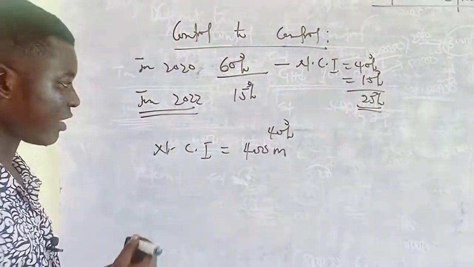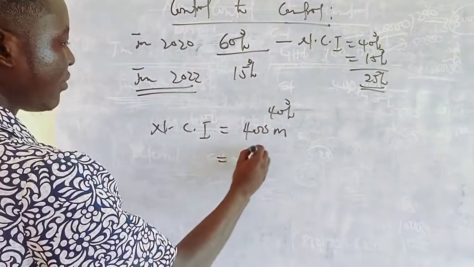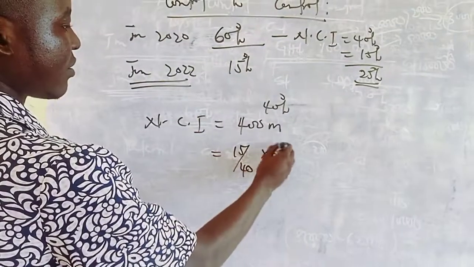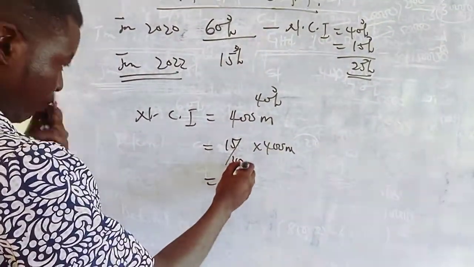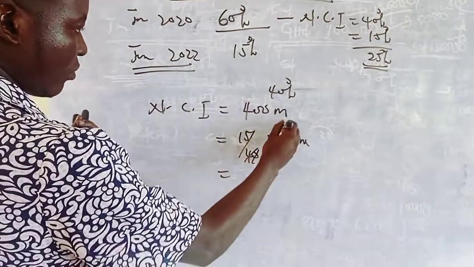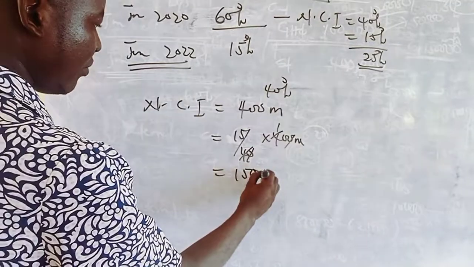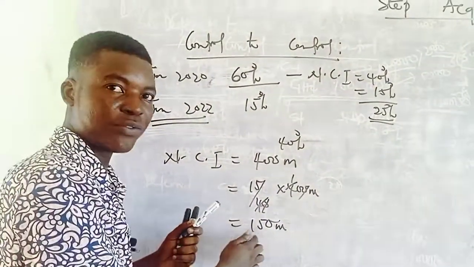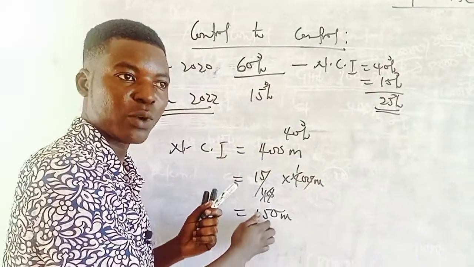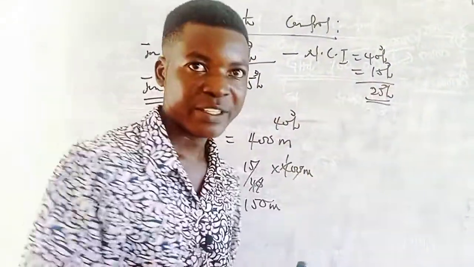We are buying 15% of this one. So our new acquisition now will be 15 over 40 times 400 million. And this will give us 150 million. So we bought 150 million from the NCI. So from this date, the NCI will be only 25%.